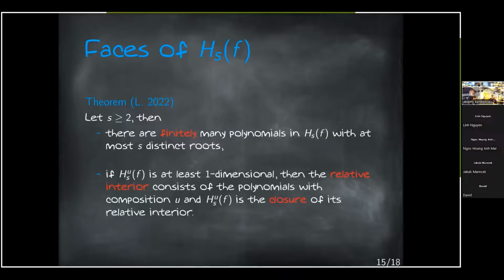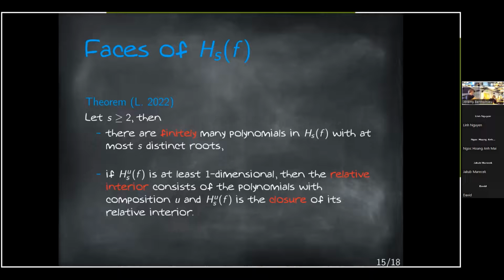What it looks like is that you essentially get what you would get if you started out with a simplex and sliced it down with affine hyperplanes corresponding to some specific rules, but the combinatorics is very much inherited from this starting point, this simplex. The relative interior consists of the polynomials with composition U, and the face is also the closure of its relative interior. So it's also nice. There's no tentacles going up into somewhere else.